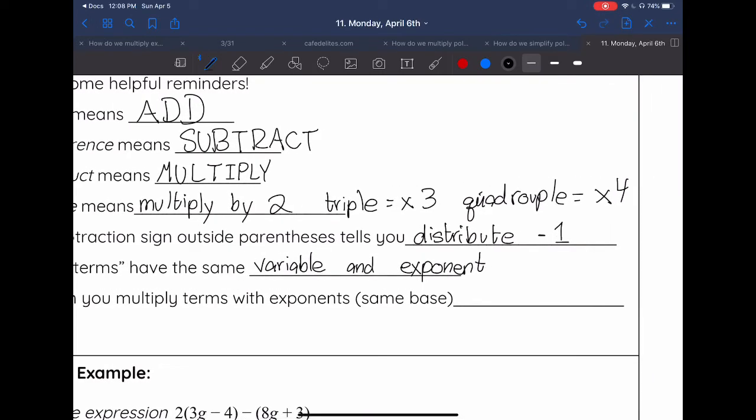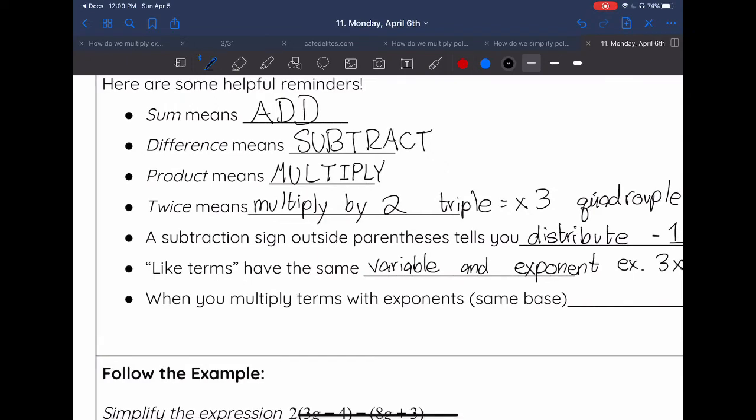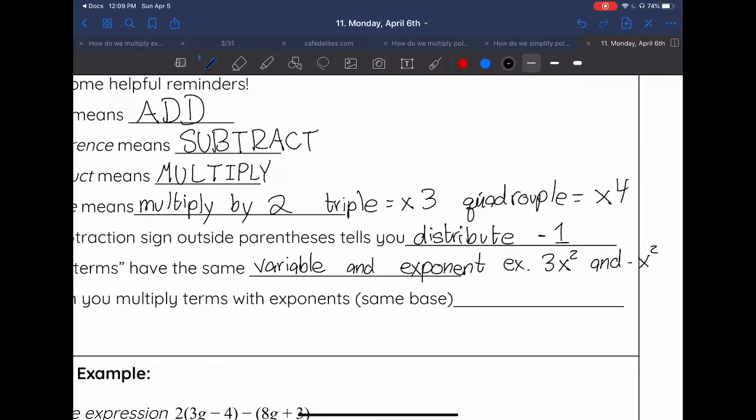So that would mean something like 3x squared and -x squared. Those are like terms. When you multiply terms with exponents that have the same base, our rule that we made for this is to add the exponents.